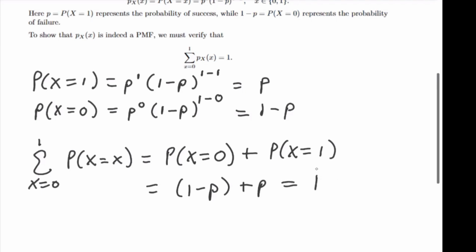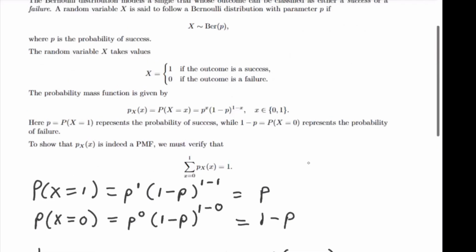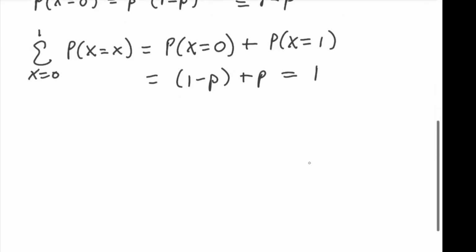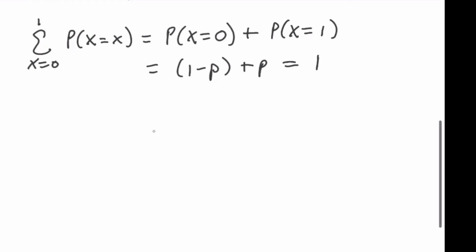So this is actually a PMF, right? Because the sum of all the possible probabilities in the distribution is 1. Next, we're going to calculate the expectation and the variance and the standard deviation so we can put the whole distribution together. All right, so let's go ahead and move on to expectation.